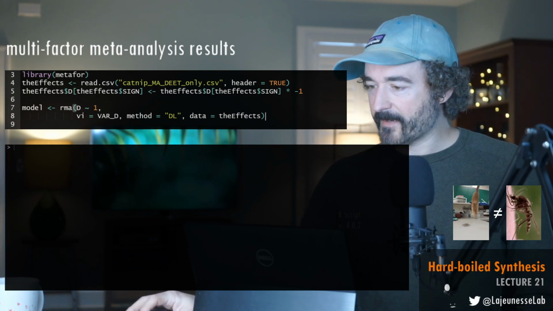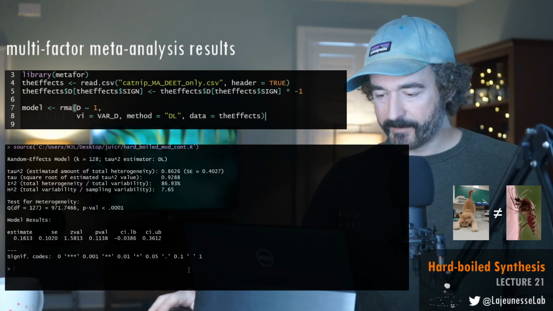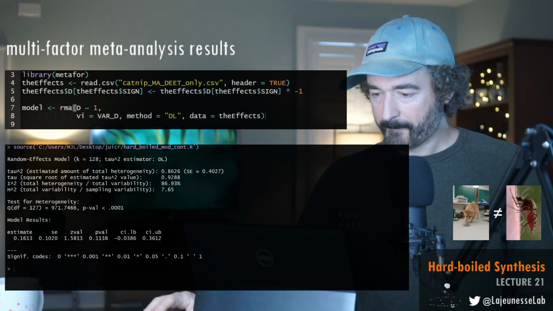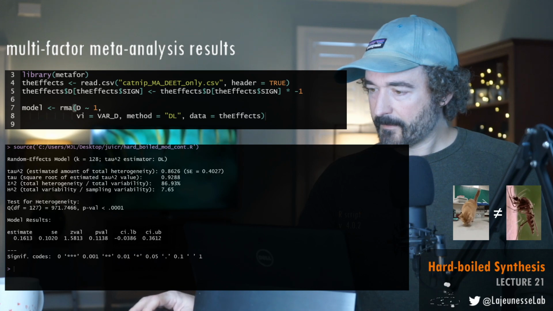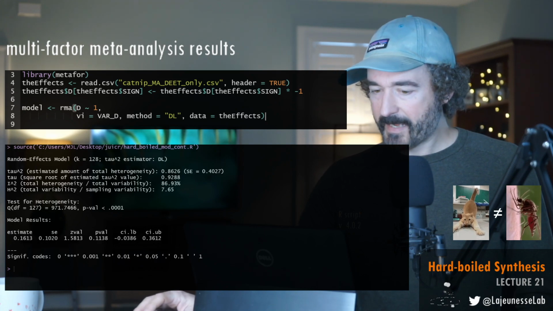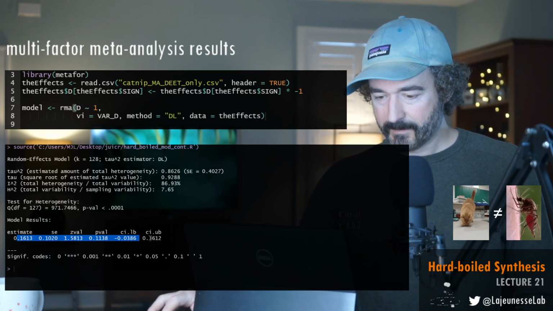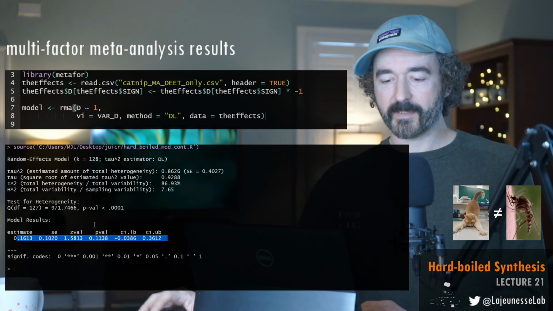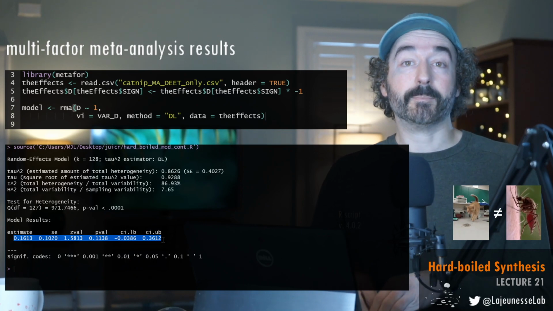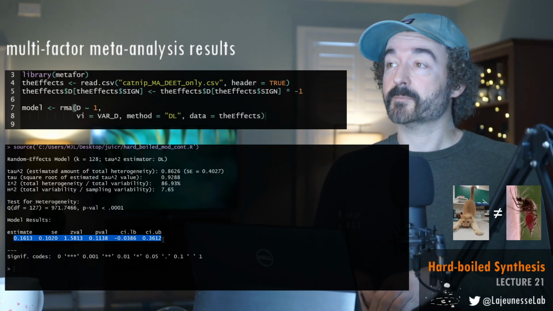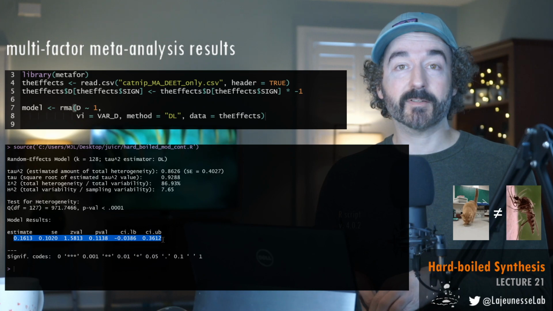So hypothetically, if I run this now, it's just going to give me a giant average. Giant average right here, which is overall indicating that catnip repels mosquitoes similarly to DEET.